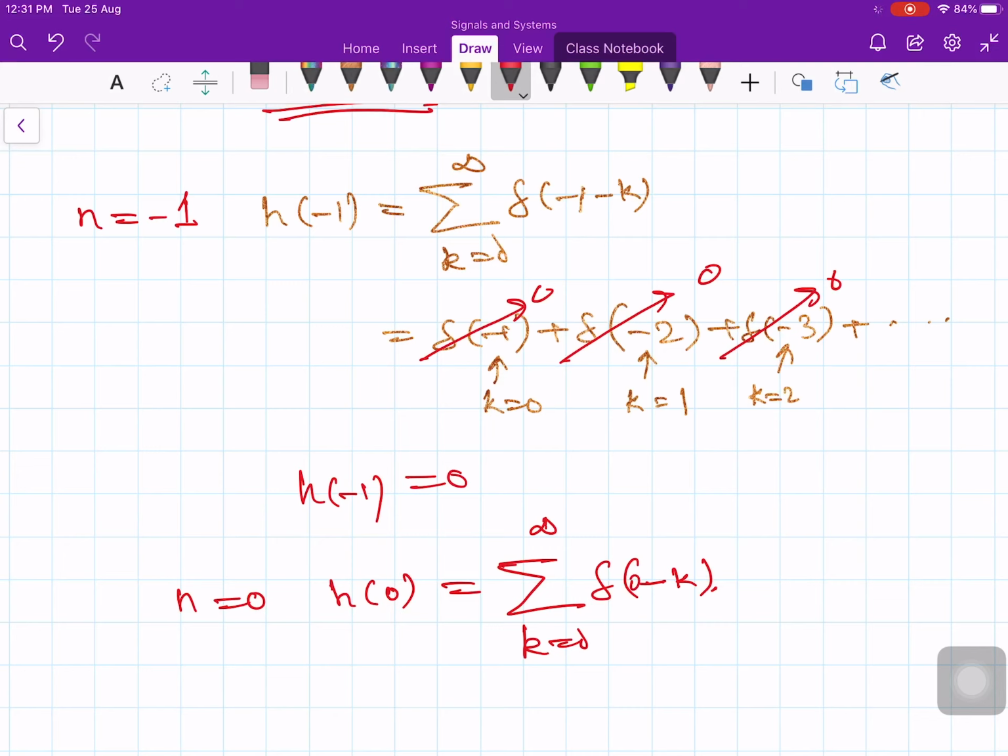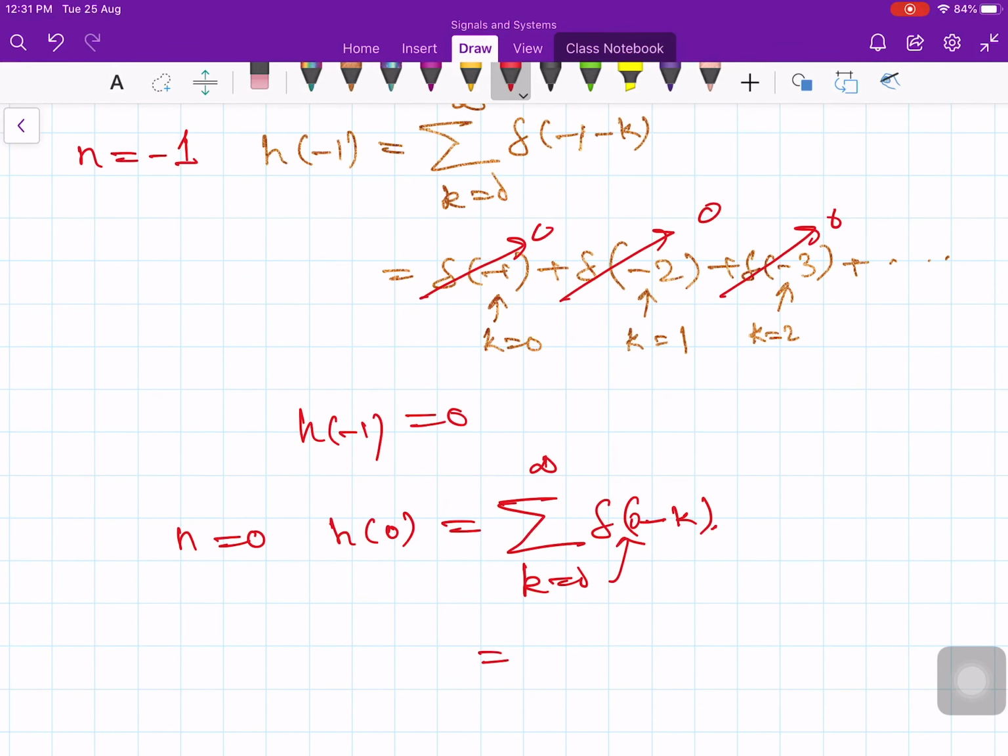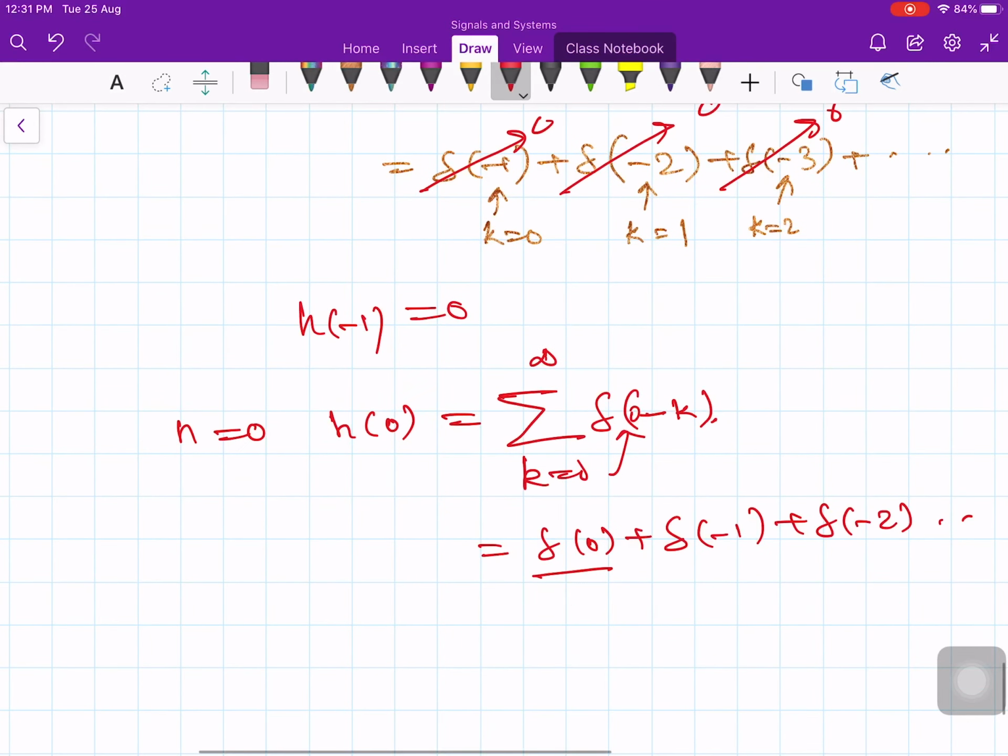Okay, now substitute k values. So what happens? Del of 0 plus del of minus 1 plus del of minus 2 and so on. So del of 0, what is the value? 1, and this one 0 and this one 0, 1 plus 0 plus dot dot dot. Therefore the value is 1 for h of 0.